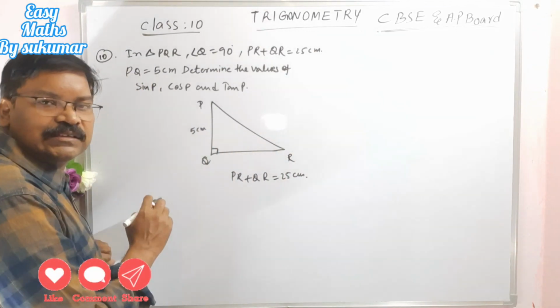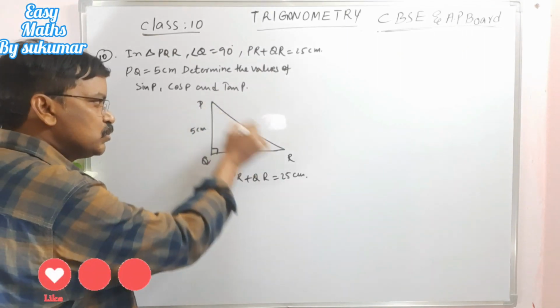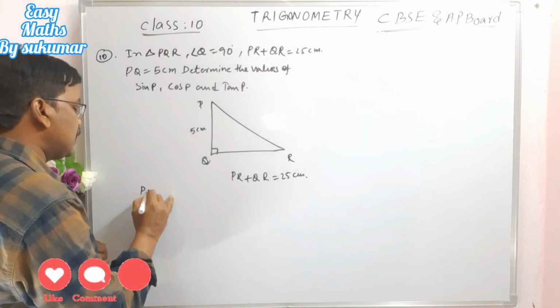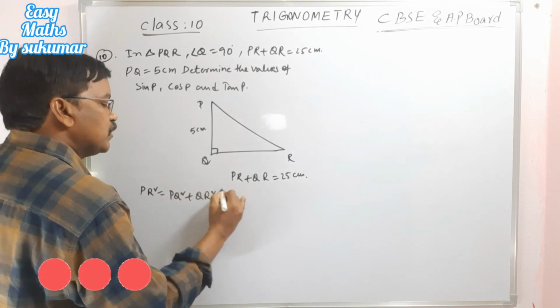Since it is a right angle triangle, PQR is right angled at Q, so this PR is the hypotenuse. Therefore, according to Pythagoras theorem, PR square is equal to PQ square plus QR square.